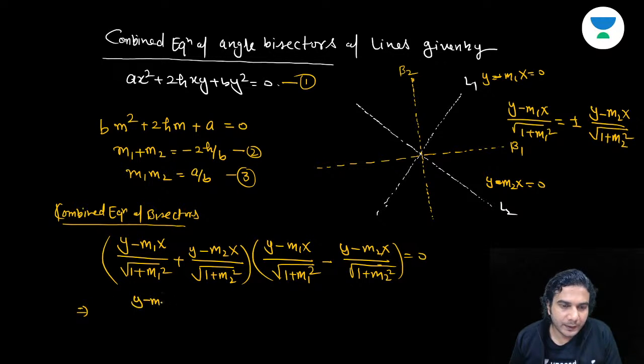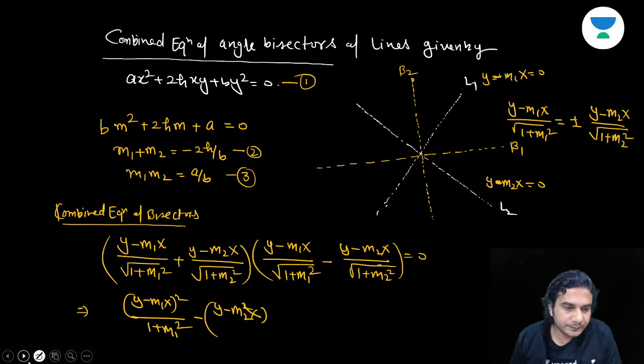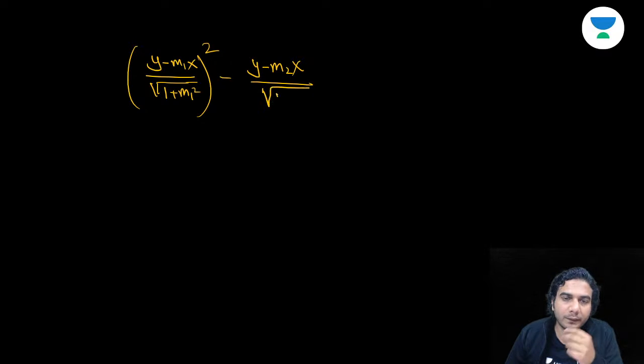So y minus m1x the whole square upon 1 plus m1 square minus y minus m2x whole square upon 1 plus m2 square, is equal to 0.